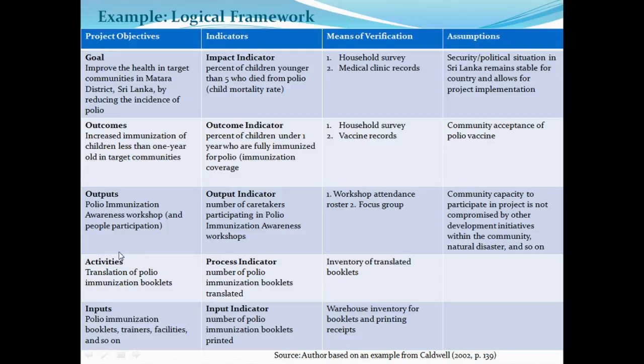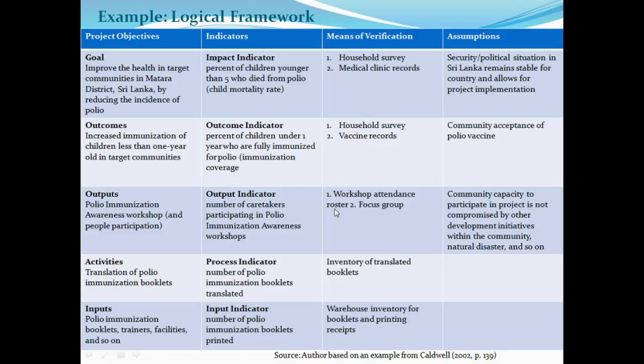Now let's have a look at the outputs. So polio immunization awareness workshop and people participation. So what is the indicator of this output? So the number of caretakers participating in polio immunization awareness workshop, for example 10, 20, whatever the number you want to train. And how can you verify?